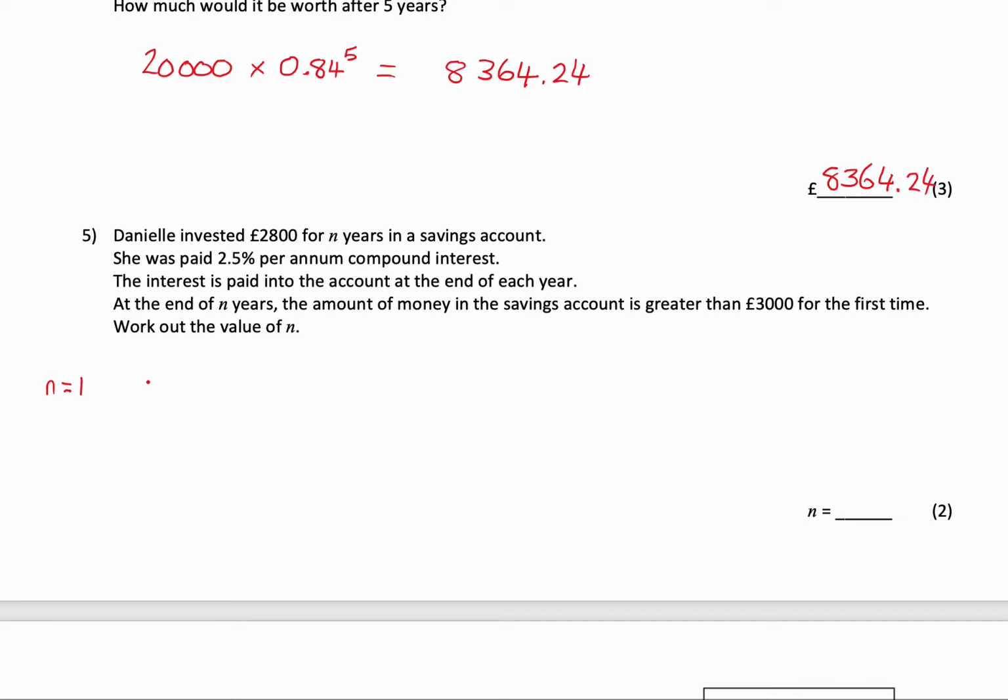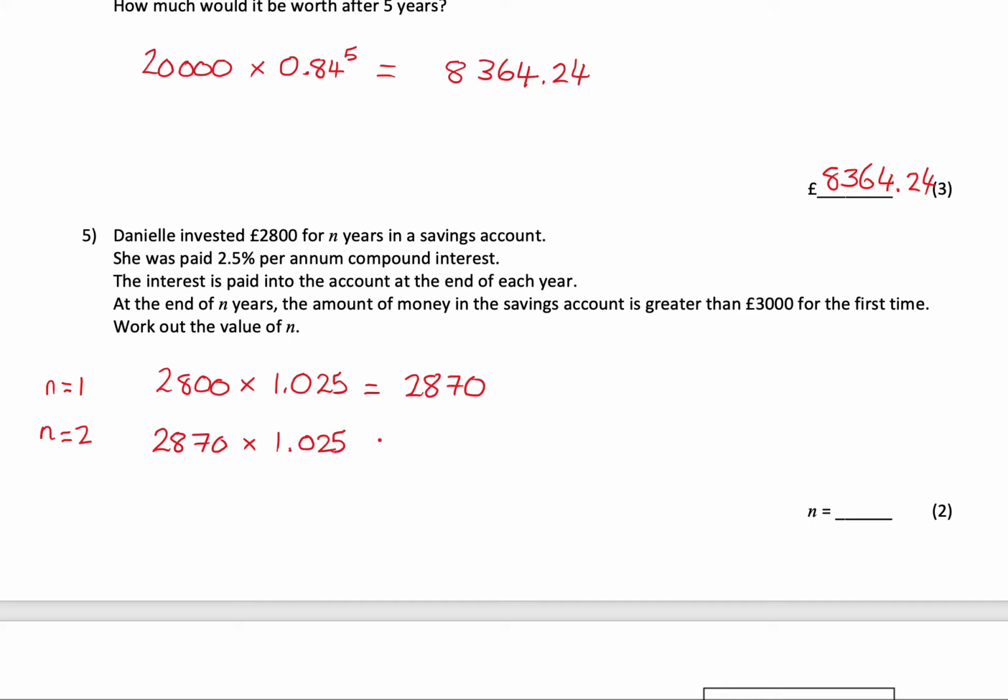So let's say N is 1 year. Let's try that. Oops, not 2,000, 2,800, isn't it? To increase that by 2.5%, we would multiply by 1.025, and that would give us 2,870. Okay, so it's not 1 year. Let's see whether it's after 2 years. So if it's 2 years, we would start with 2,870 and increase that by 2.5%.